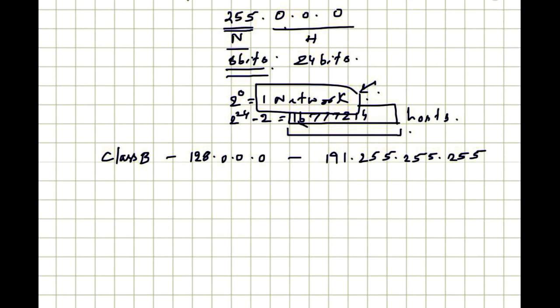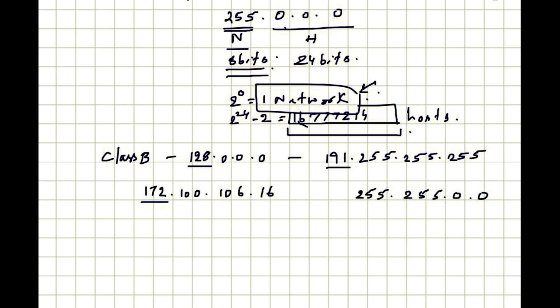Let us take an example of a Class B network, 172.100.6.16. This is a Class B network because 172 lies between 128 and 191. So the default subnet mask for a Class B network is 255.255.0.0.